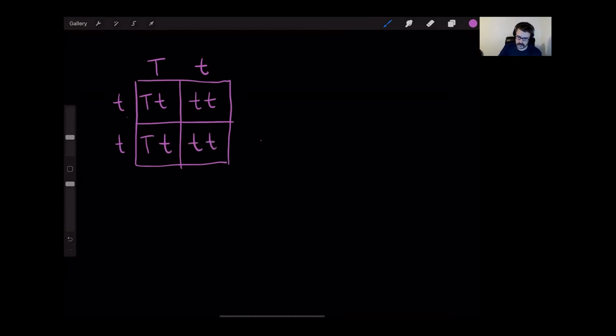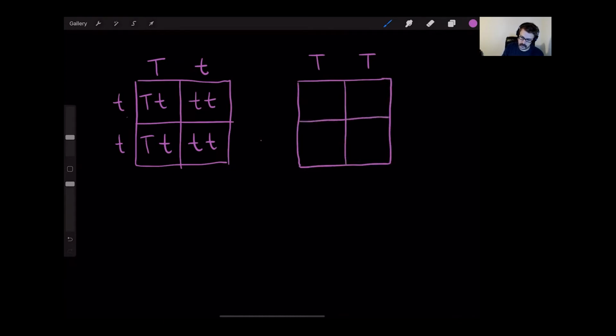Now, what happens if the dad has only, he's a pure brown-eyed gene example. So if the dad or the mom has brown eyes and only has brown-eyed traits, no matter what, all the children are going to have brown eyes. So even if the mom has blue eyes, 2 small t's there, every single one of these squares is going to look the same.